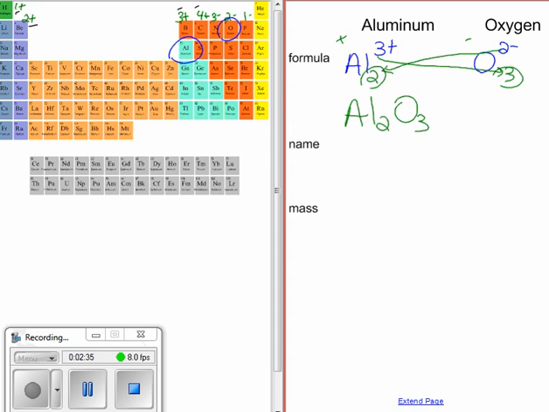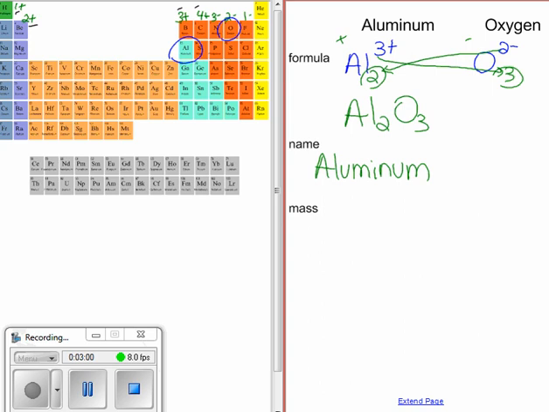And now we're going to name it. And there are some rules in naming that you should have written down in your notes. But in this case, first of all, you only get 2 names. The first name is super easy. It's just the name of the element, in this case, aluminum. The second name sometimes is different, however.